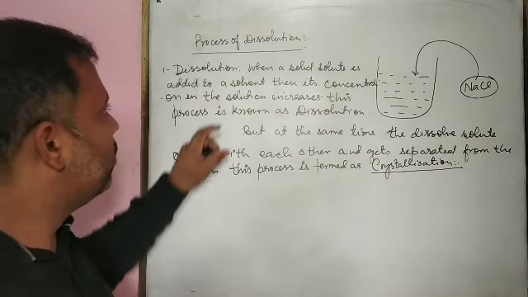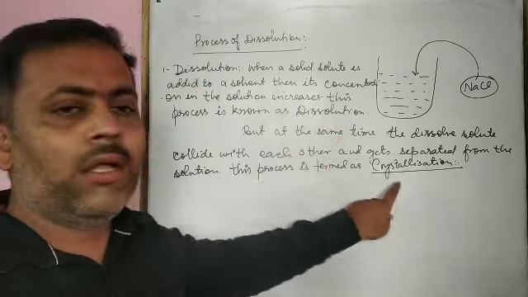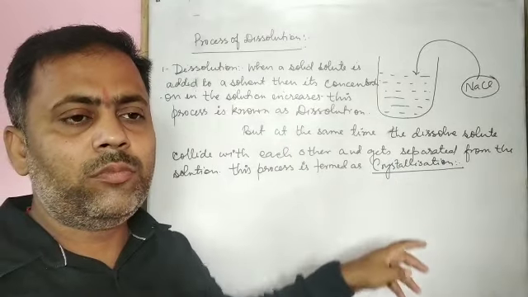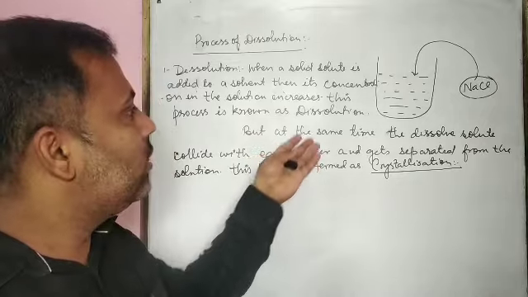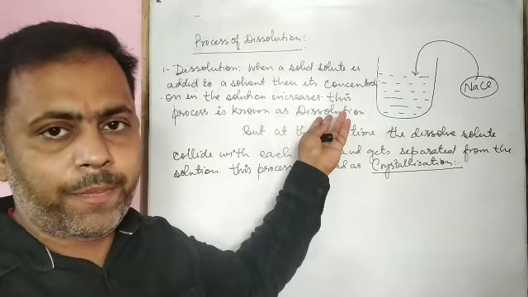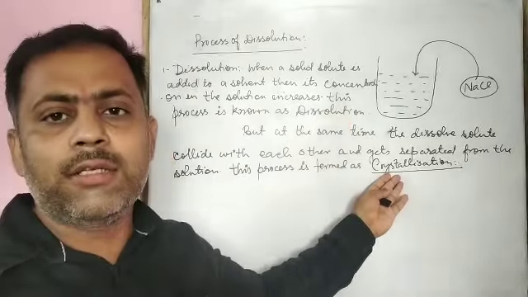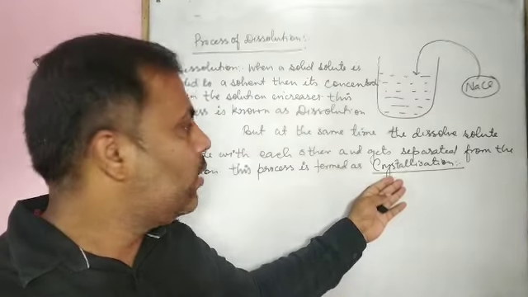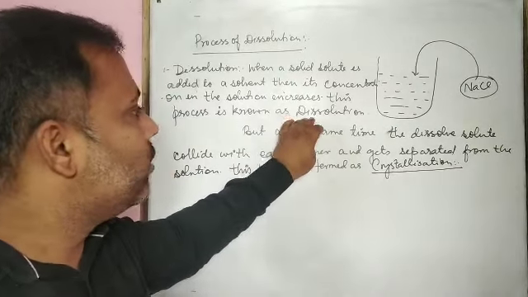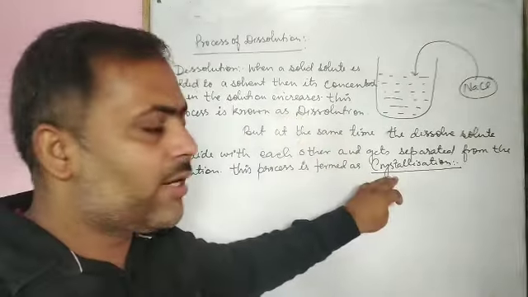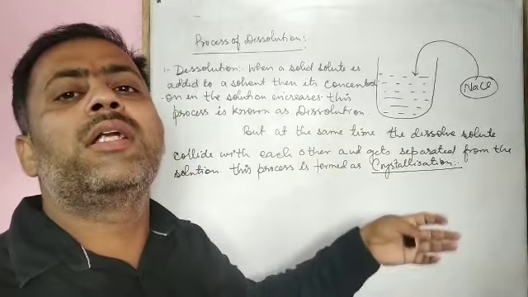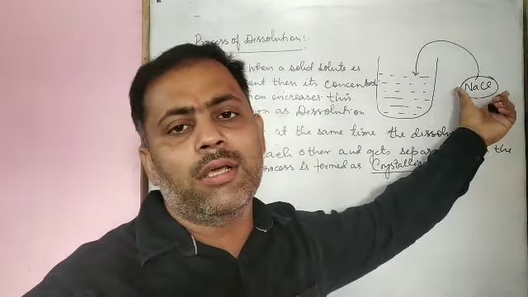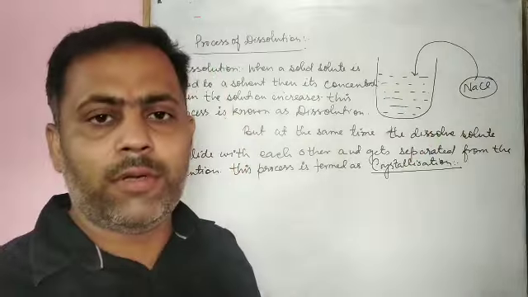What we see here is dissolution and crystallization. It means initially the rate of dissolution is higher and the rate of crystallization is lower. That's why there is an increase in the concentration of the solute in the solvent.